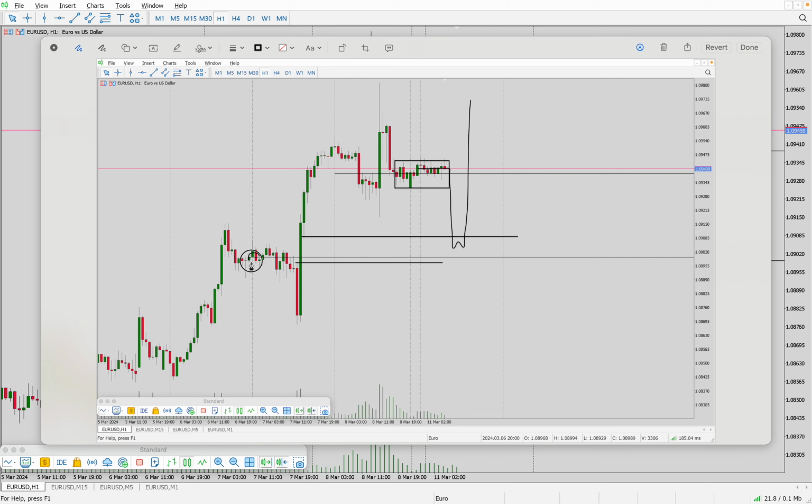You remember on the daily, the open of that up close candle. I mean the close of that up close candle, and the close of the down close candle that gave us this big imbalanced structure. Go back in the video.